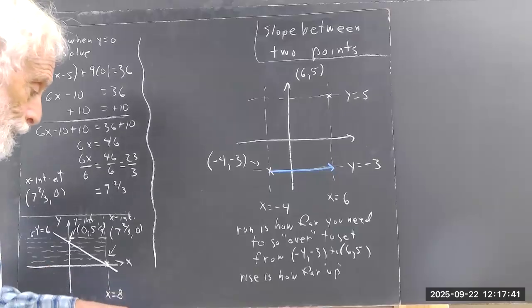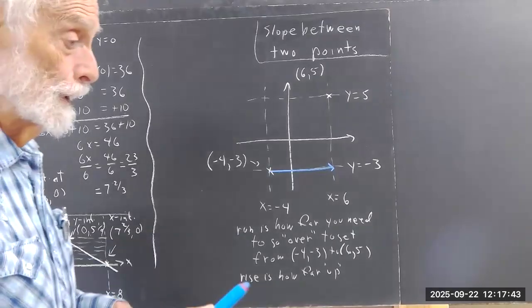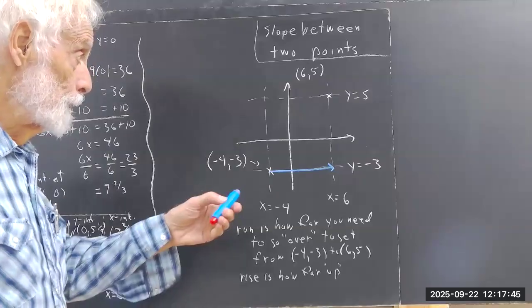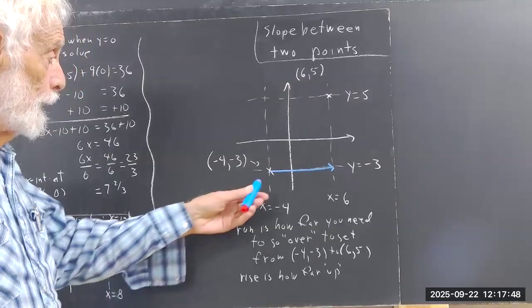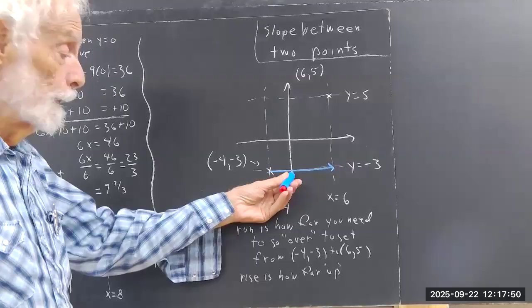Okay, well, let's see. Some of you got it right, some of you got it wrong, but that's okay because we're going to figure it out now. How far do I have to go over to get from here to here?